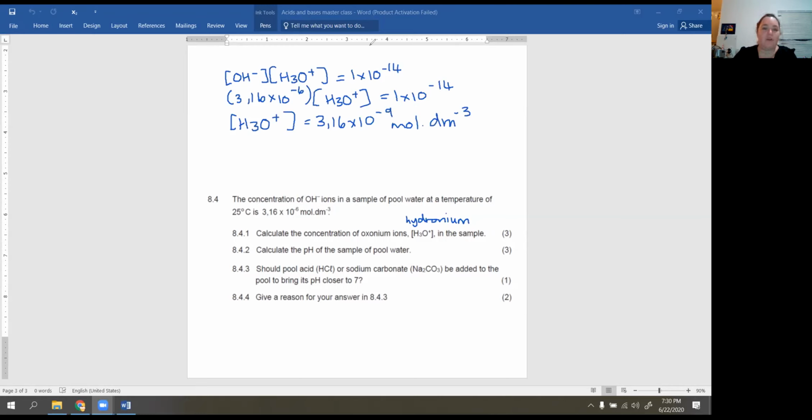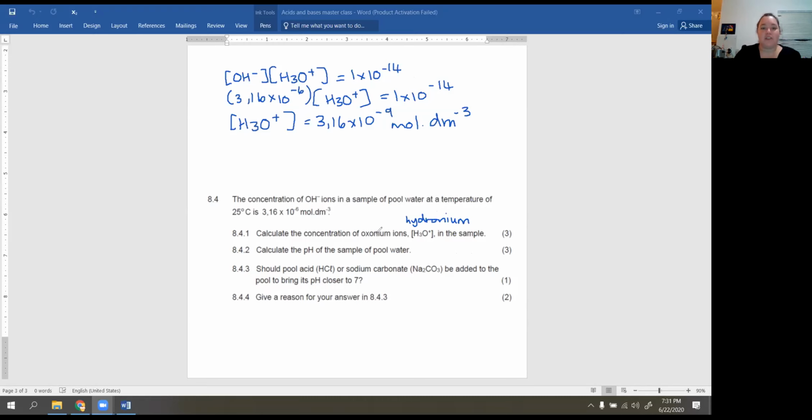Here you could assume that the kW value at 25 degrees Celsius is going to be 1 times 10 to the minus 14. You can't work with temperatures if it's not 25 degrees Celsius unless they give you the specific kW for another temperature. They can give you a kW value for any temperature, but you wouldn't be able to work with it at another temperature unless you were given that.